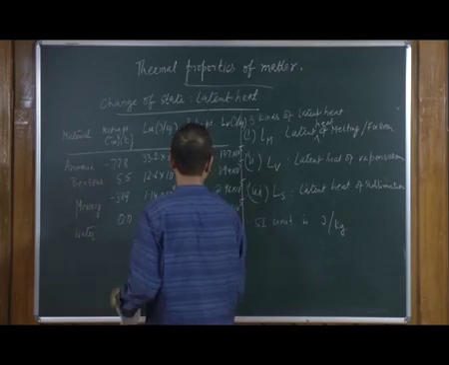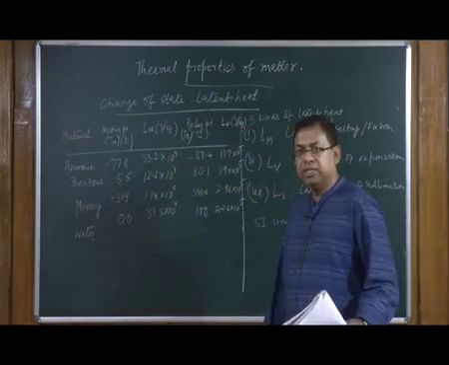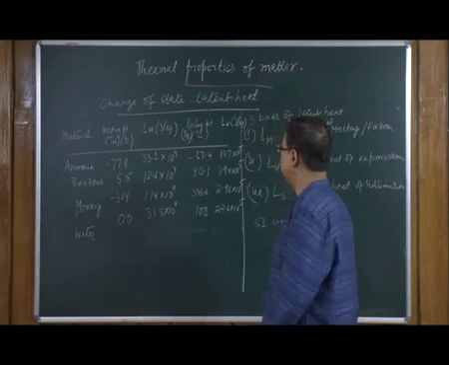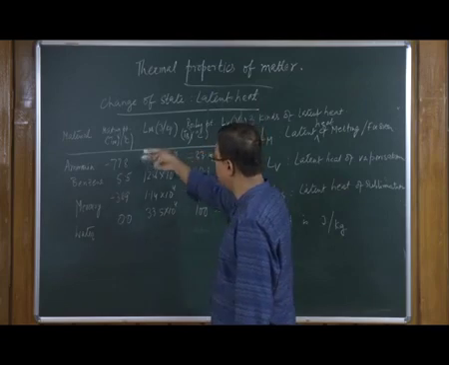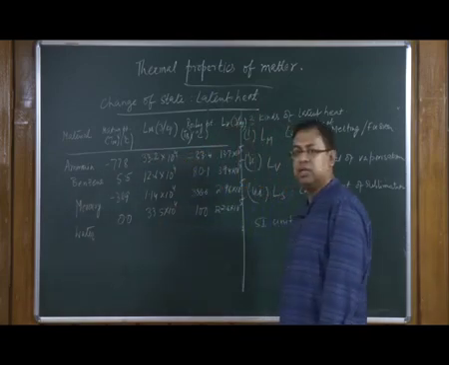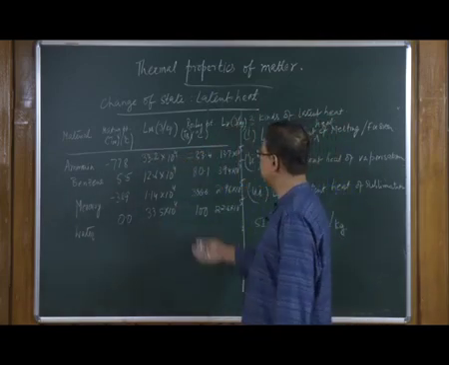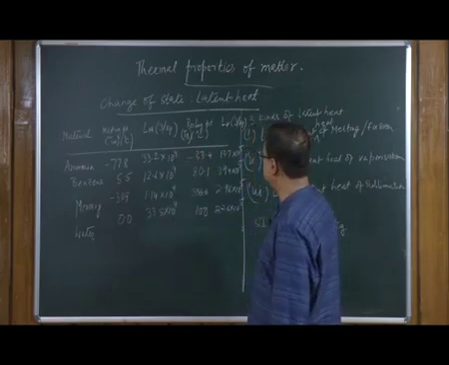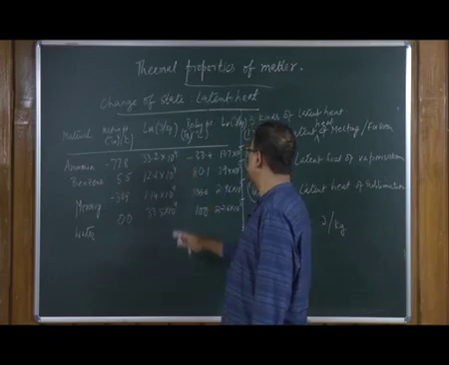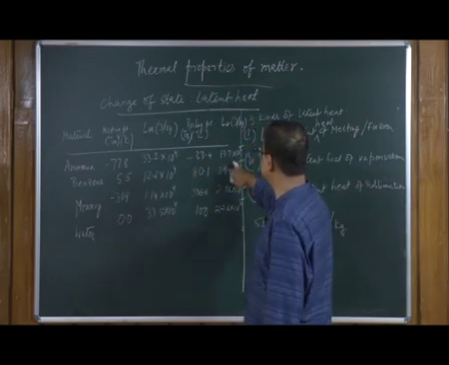One interesting thing that you can note here is that the order of magnitude for Lm and Lv for all these 4 liquids that we have considered is the same. That is, all our Lm, which is latent heat of melting, is of the order of 10 to the power 4, and Lv is of the order of 10 to the power 5.